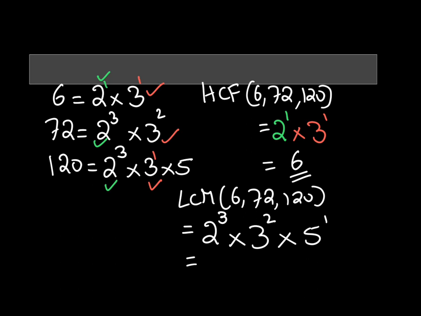And when you multiply all of that, you get 360. So the LCM of these three numbers is 360 and the HCF is 6. This is how you find the HCF and LCM of any three given numbers using the prime factorization method.